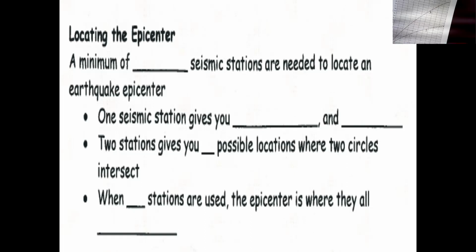So it gives you a circle and a lot of possible locations. 2 stations gives you how many? When we had asked 2 people, we had narrowed it down to how many possible locations? 2.